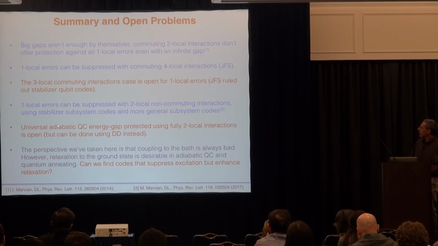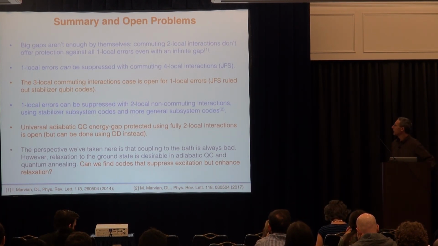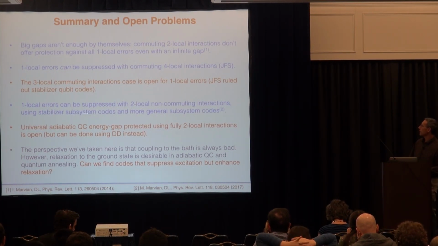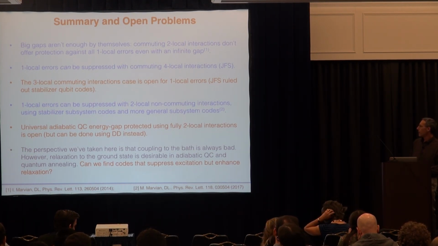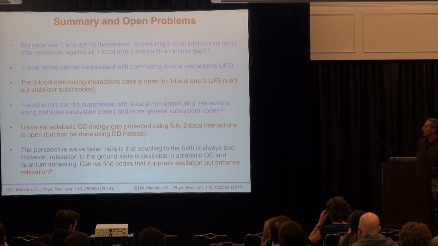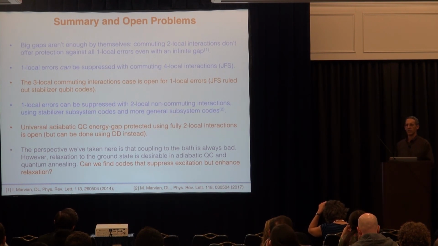Now, we can suppress one local errors with two local non-commuting interactions, but for that, we have to go again outside of the stabilizer subspace framework. We have to go to subsystem codes or even more general subsystem codes. A big open question is how to do universal adiabatic quantum computation using energy gap protection using fully two local interactions.